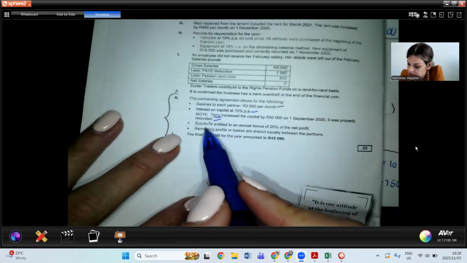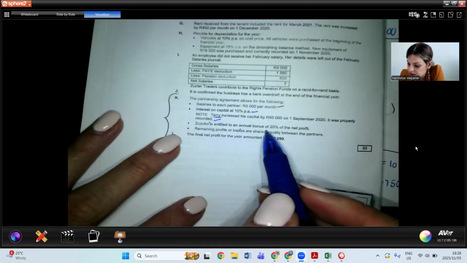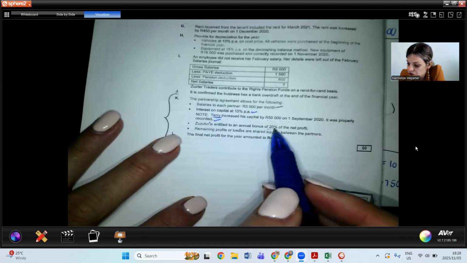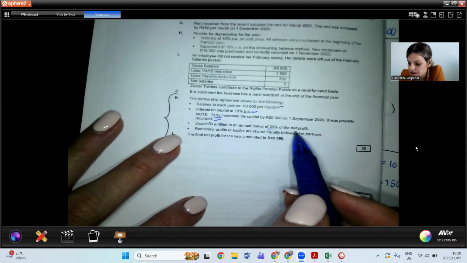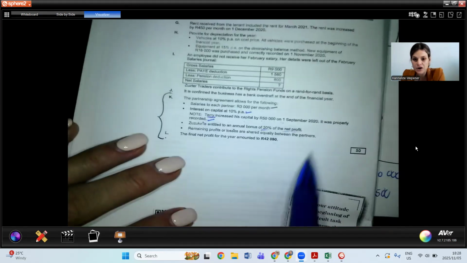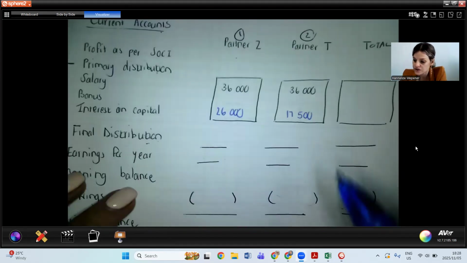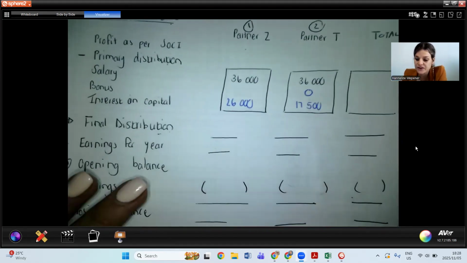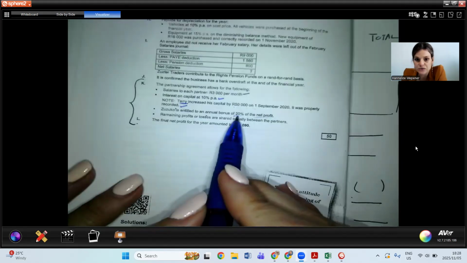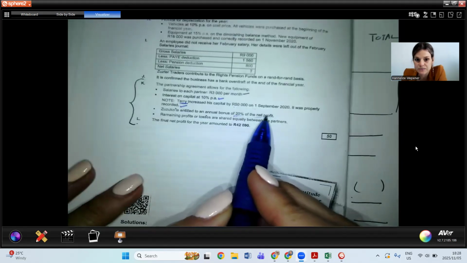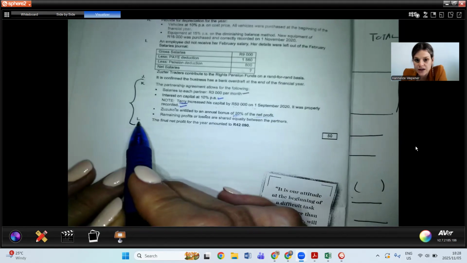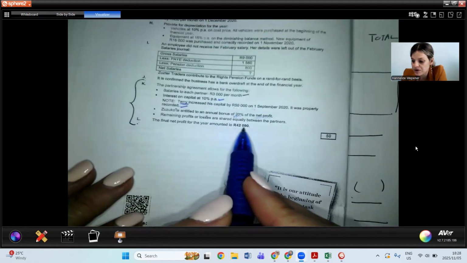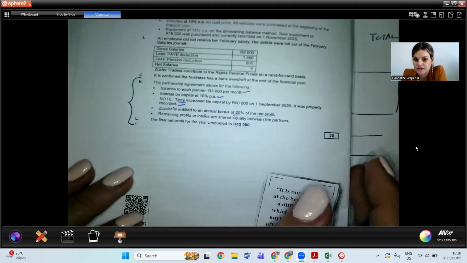Then it says that partner 1 is entitled to an annual bonus of 20% of the net profit. So it doesn't say that the other partner gets a bonus. So there's no bonus for partner 2, but the other partner gets a bonus that's equal to 20% of the net profit. And if you then go to L, you'll see that the net profit has been provided.